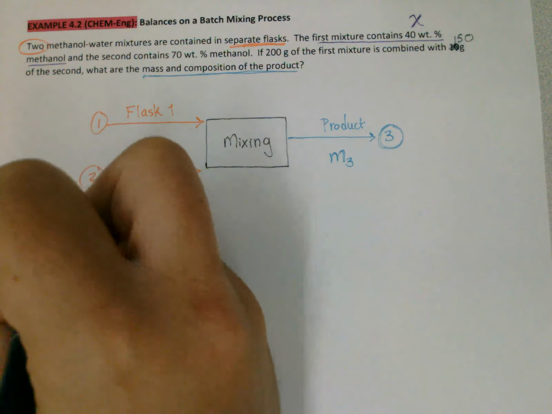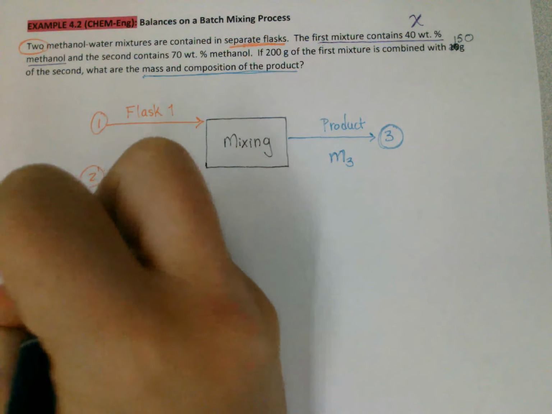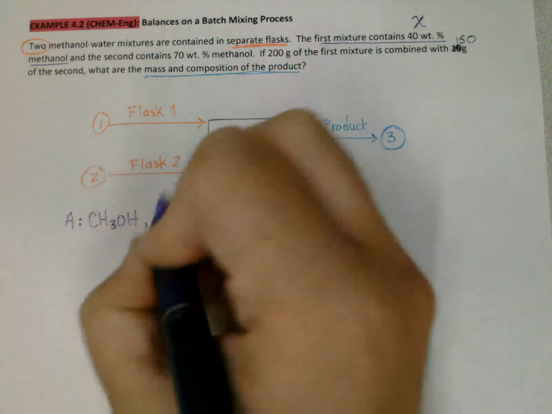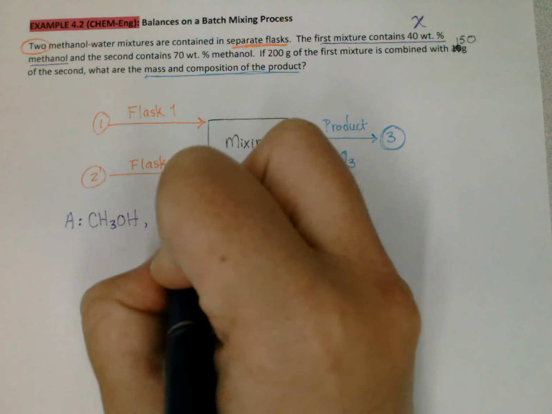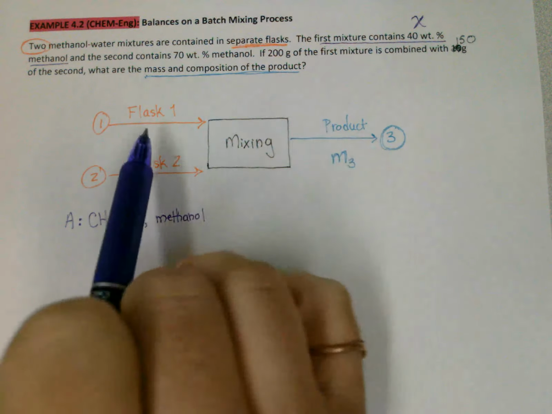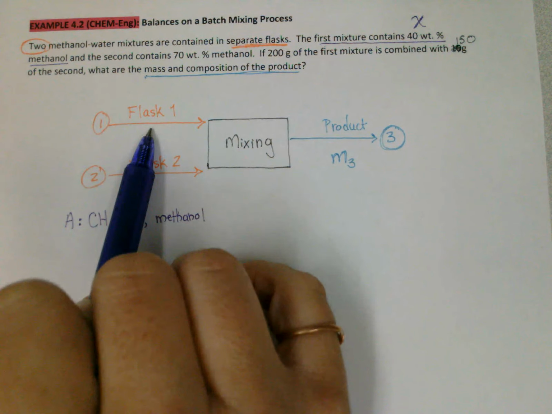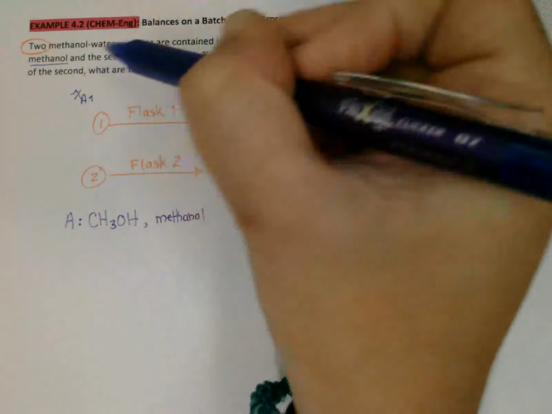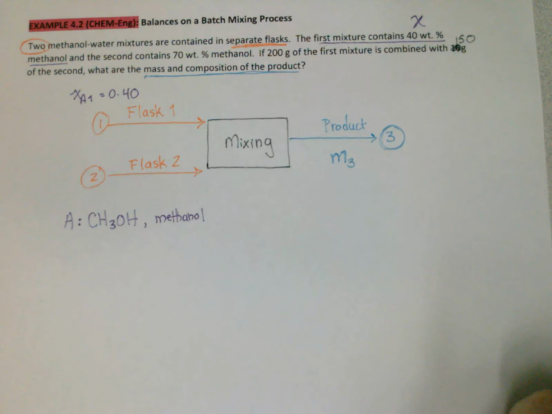So let's say that A is going to be for methanol, which means that in this stream right here, methanol is 40%. So that means X sub A in stream 1 is equal to 40% of the total mixture.